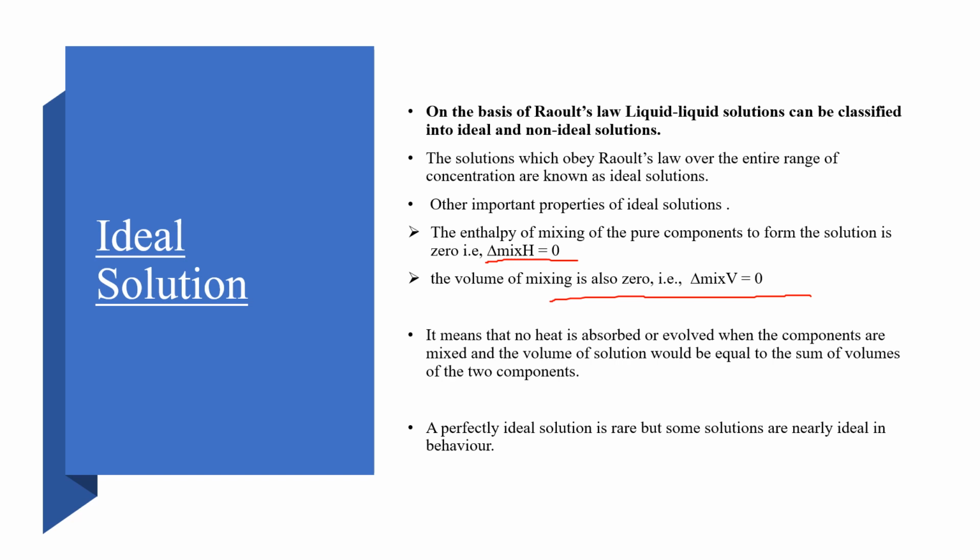As ideal solutions obey Raoult's law, for an ideal solution the partial pressure of component 1 will be equal to the vapor pressure of pure component 1 multiplied by its mole fraction. Similarly, for component B or component 2, the partial pressure of component B will be equal to the vapor pressure of pure component B multiplied by its mole fraction.